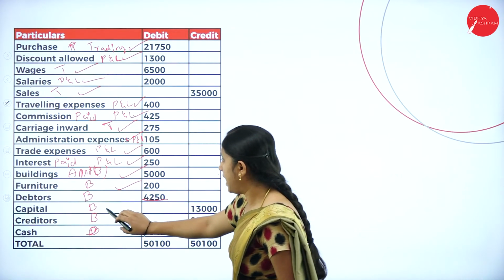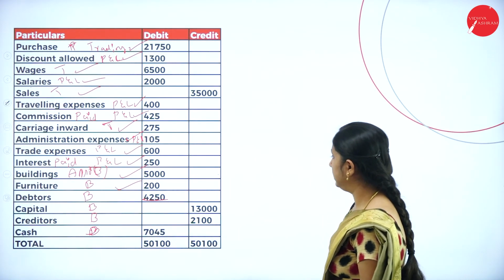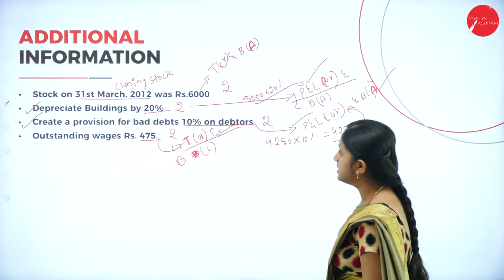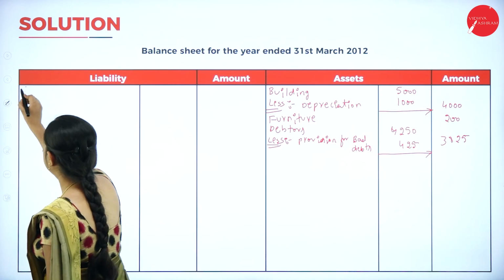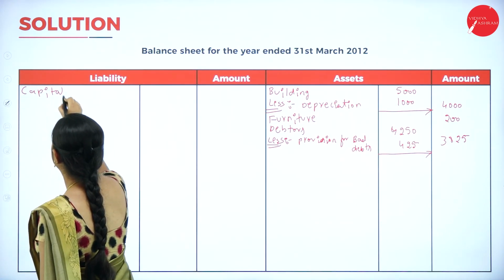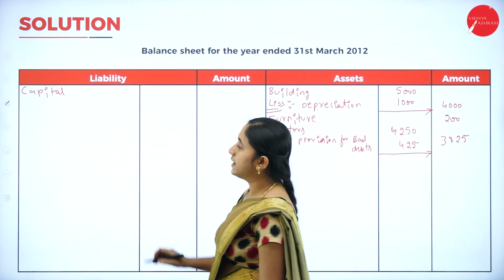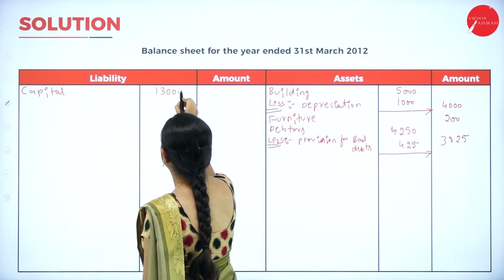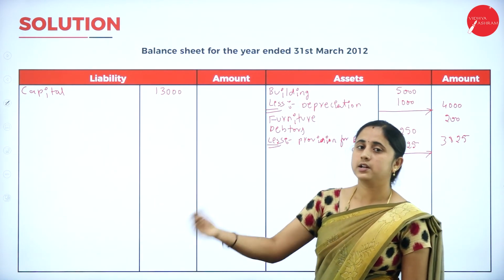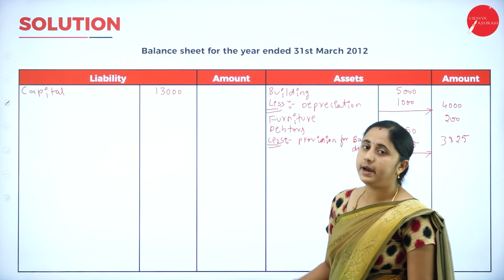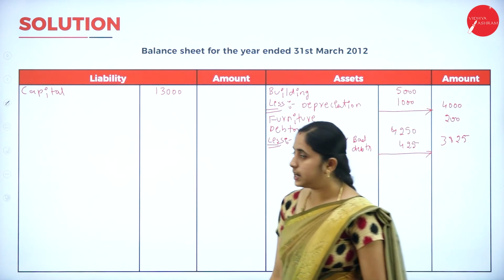Next, capital. Capital 13,000. Capital is a liability, so write it on the liability side. In the proforma, we write the capital amount in the inner column and deduct net loss, or if it is profit, add it to capital, then deduct drawings, then income tax.